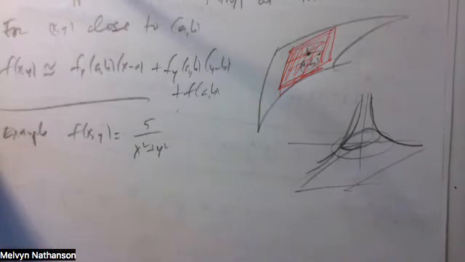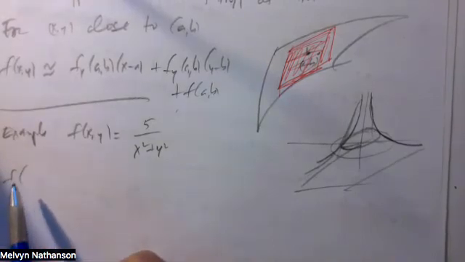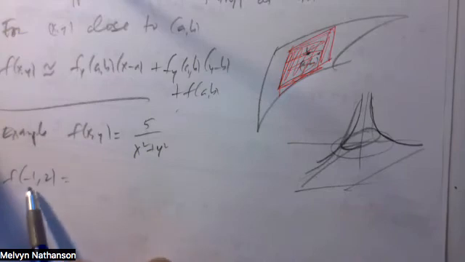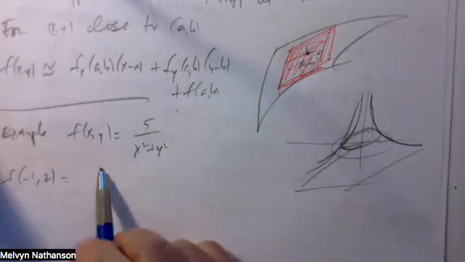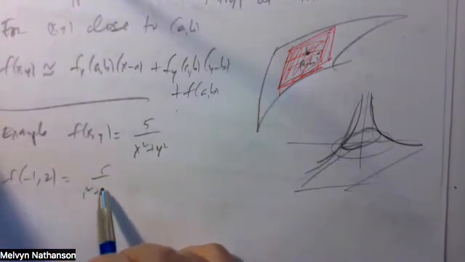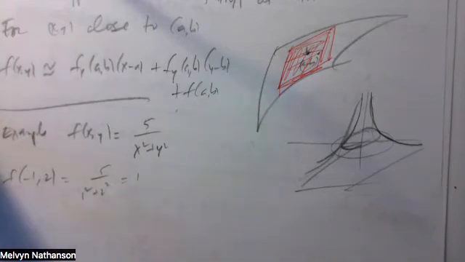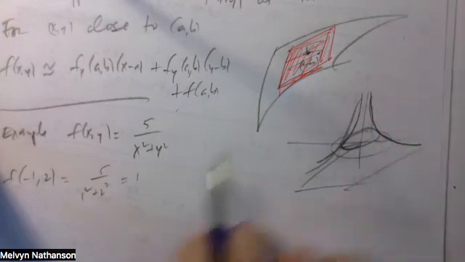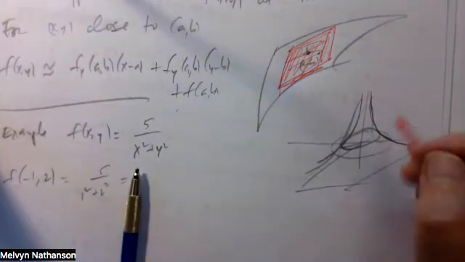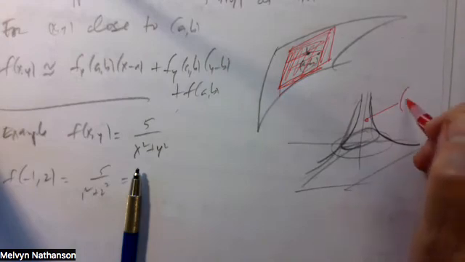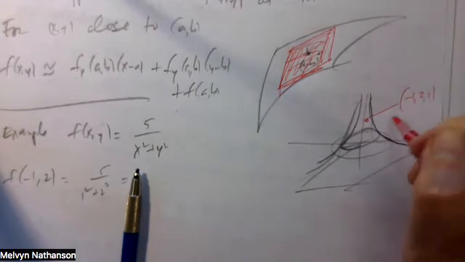And on this surface, if I take x equal minus 1, y equal 2, f of minus 1, 2 is 5 over 1 squared plus 2 squared. That's equal to 1. So sitting on this surface, there is a point minus 1, 2, 1.